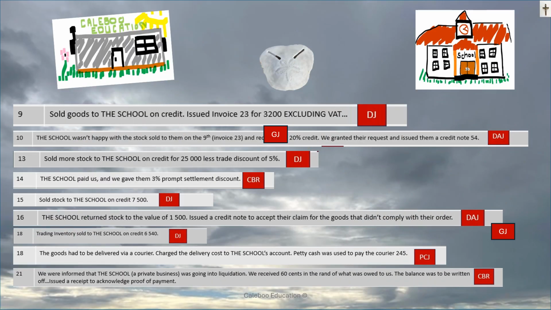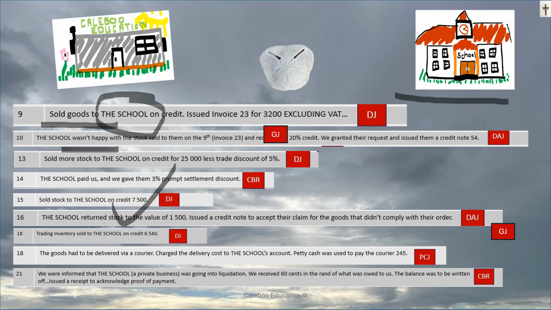Now I've been through all the transactions, and I took out all the transactions that relate to the school. I'm going to go through each transaction, and like I said, I'm first going to do the account of the school in the debtors ledger of Caleboo Education.